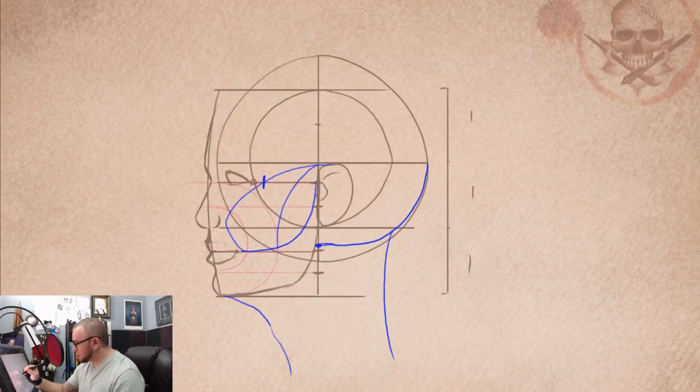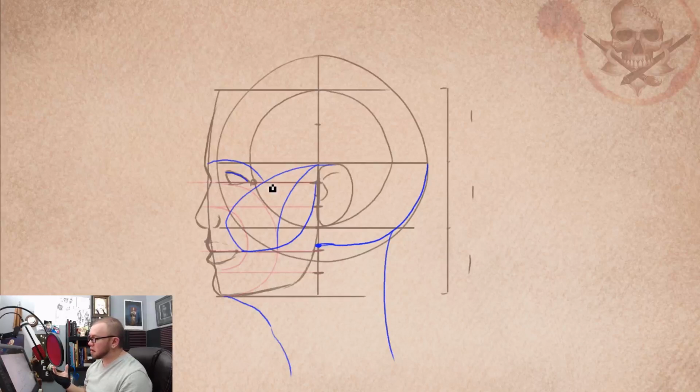From this intersection here, we can also pull an arc if we mimic the curvature of the top of the eye. If we mimic that and pull it forward, that can give us kind of an estimate of where the brow is going to be. Now this is my own play on this.